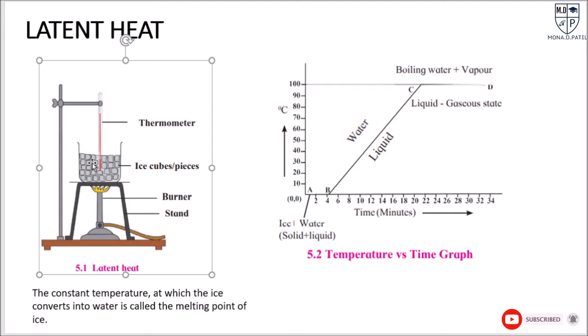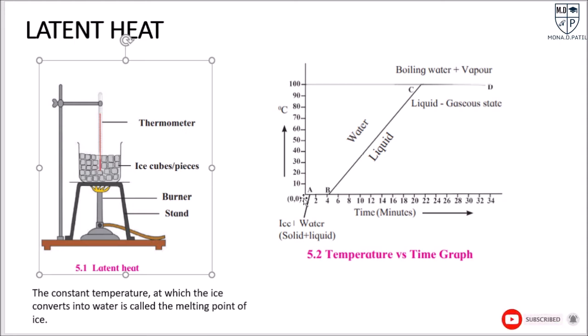Whatever energy is absorbed by the ice cube is utilized for breaking down the molecular bonds that bind the ice. Then it transforms from ice to liquid, and the temperature stays 0.